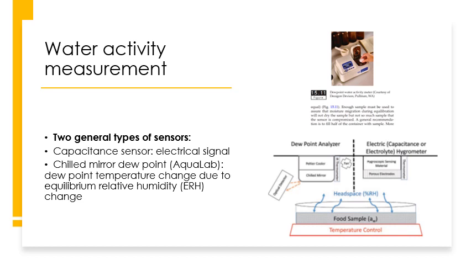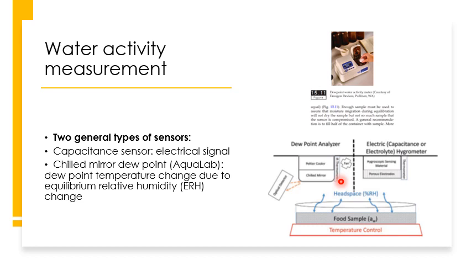If you look at this chilled mirror dew point, you have here a sealed chamber where you put your food sample, and it contains a fan. Its function is to circulate air in the headspace, and near this fan you have an infrared thermometer that is able to measure sample temperature.